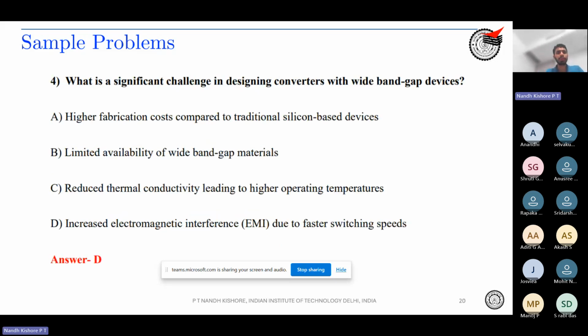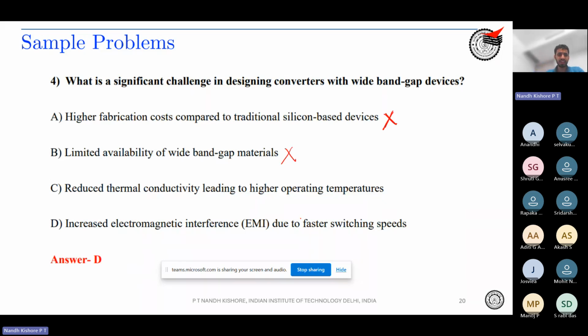Next. What is the significant challenge in designing converters with wide bandgap devices? High fabrication cost compared to traditional silicon based devices? No. Nowadays most SiC devices are at about the same cost as silicon devices. Limited availability of wide bandgap materials? No. Reduced thermal conductivity leading to higher operating temperatures?